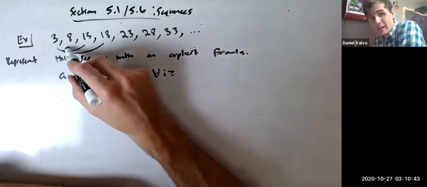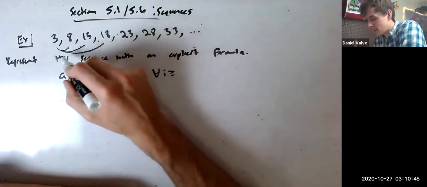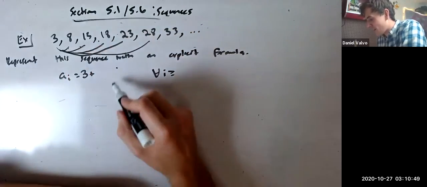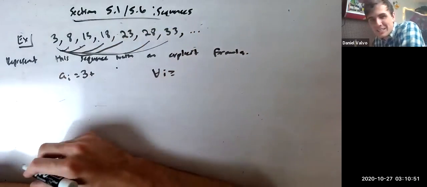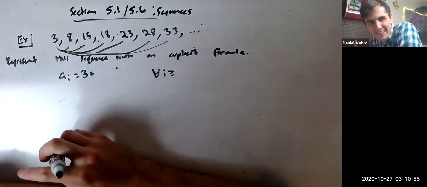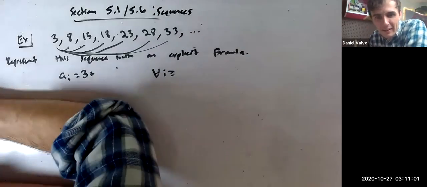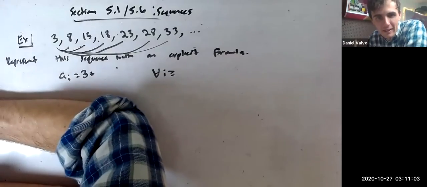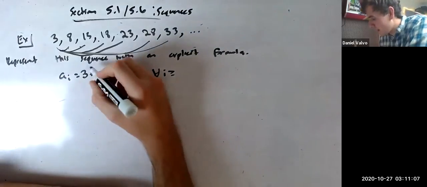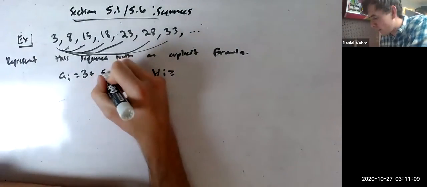So I have to add 1 times 5, 2 times 5, 3 times 5, 4 times 5, 5 times 5, 6 times 5. Is anyone starting to see a pattern? Yeah, you do 3 plus 5i.